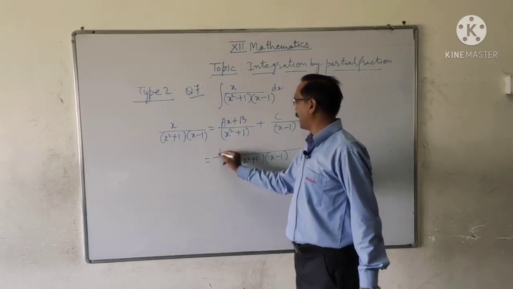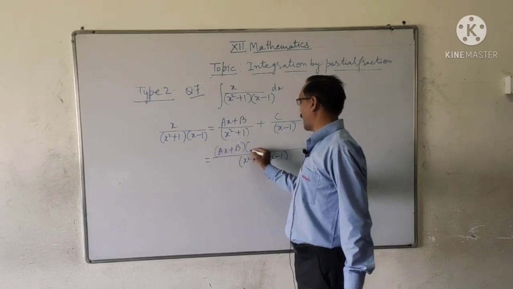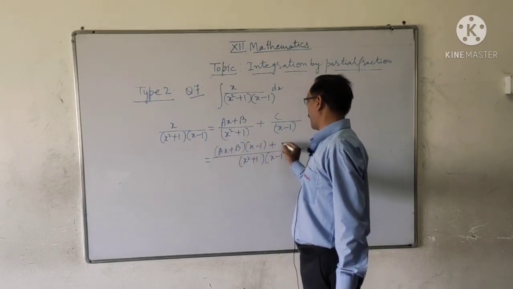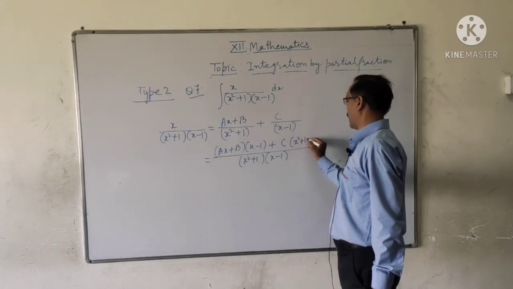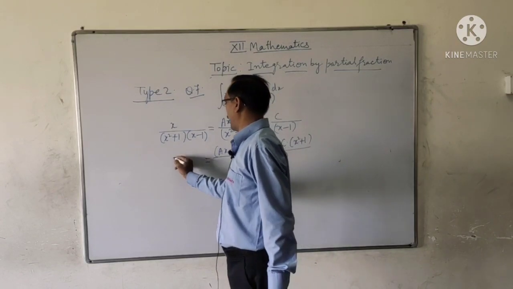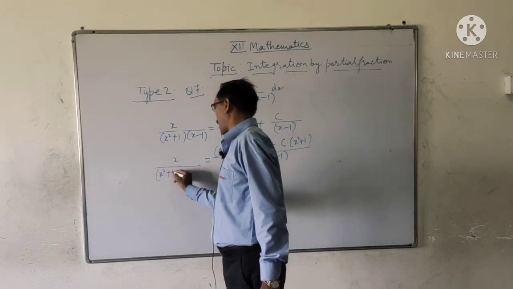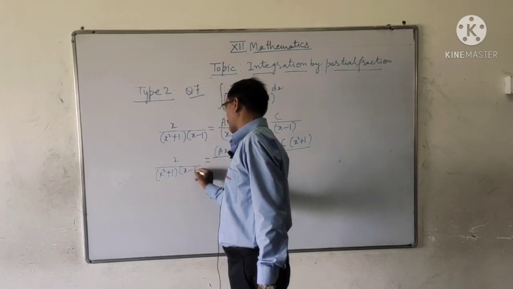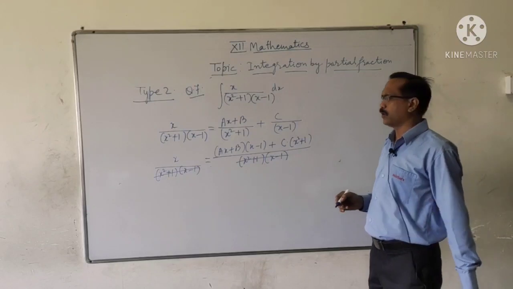It is ax plus b into x minus 1 plus c into x square plus 1. And this side x upon x square plus 1 and x minus 1. Now this LCM is cancelled out.